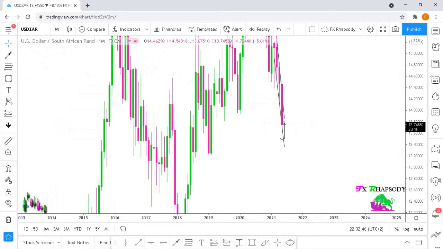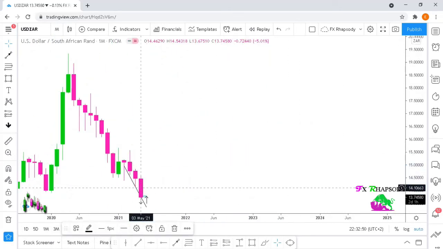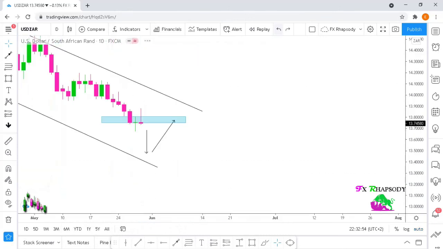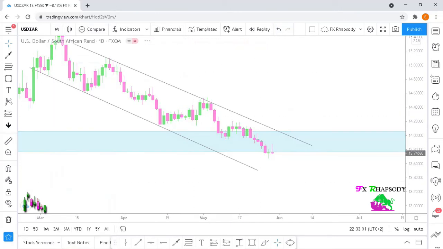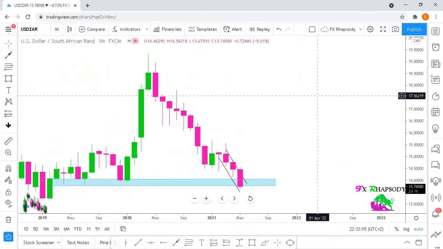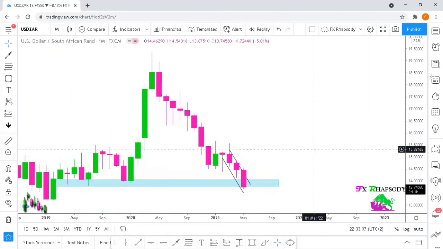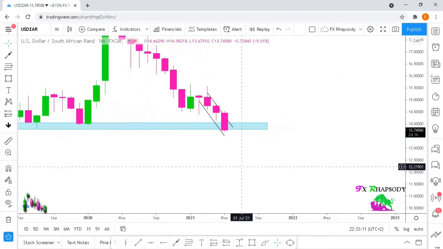Let's have a quick peek again. It will bring back our little area there. Here we go. If we go to the monthly, we can see that it is the end of the month, and this candle is not finished yet. We've got 2 days left.